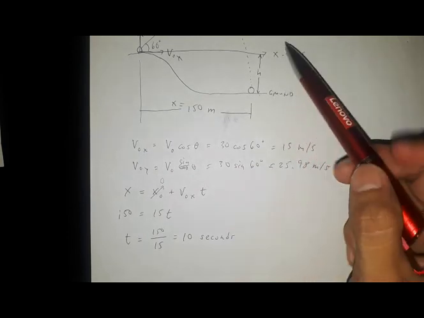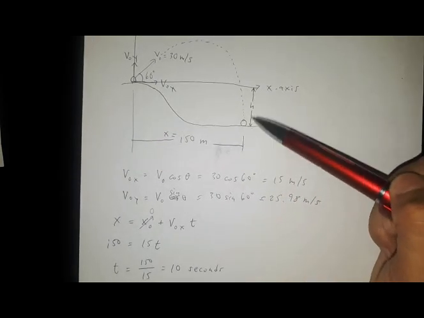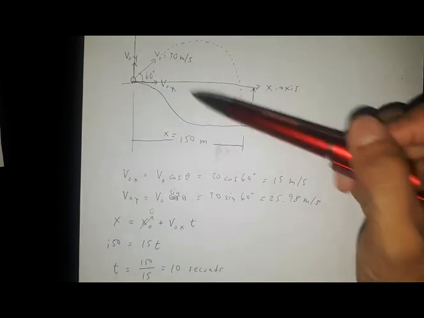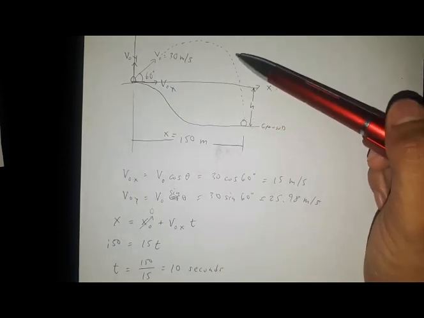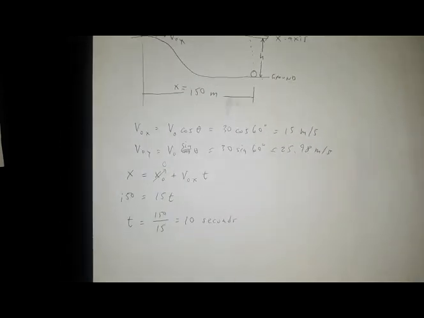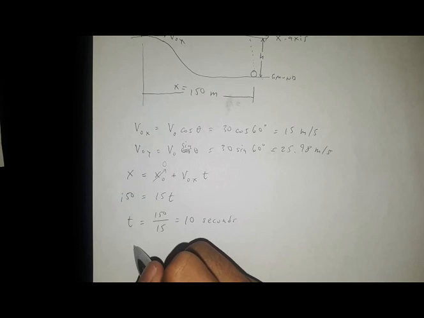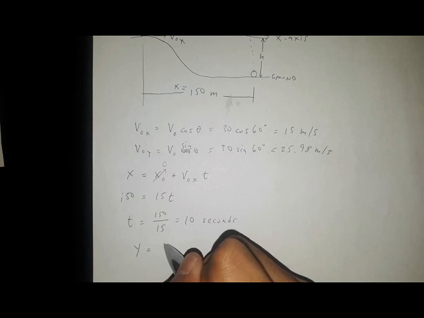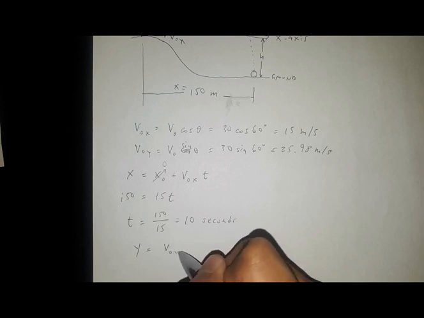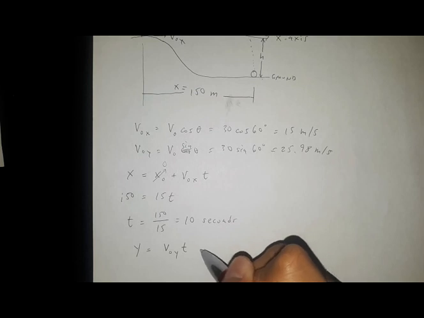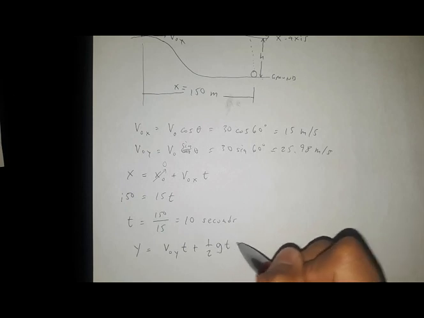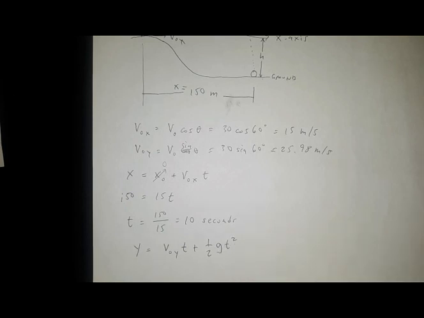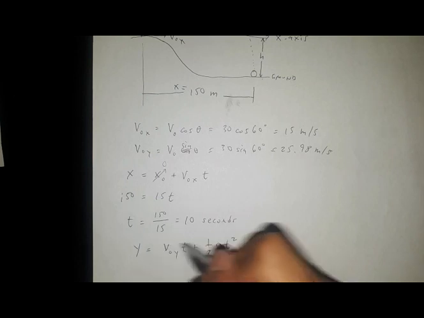Now let's focus on the y component of the flight. So for the position y, we have y equals Voy t plus 1/2 gt squared, and our yo.